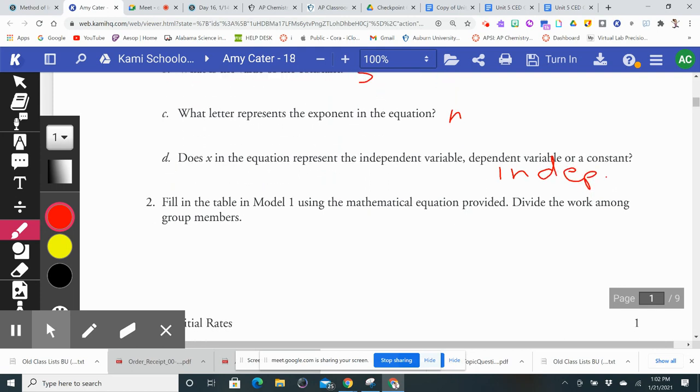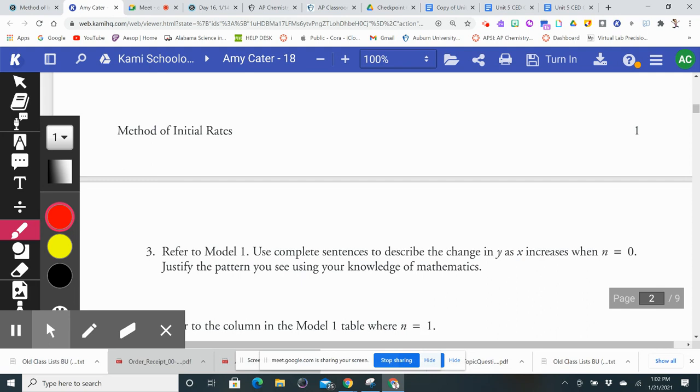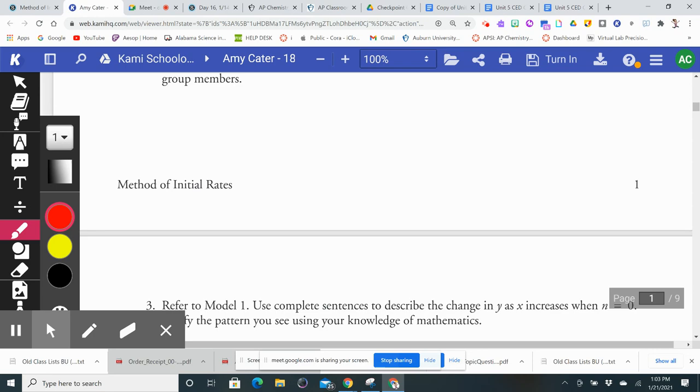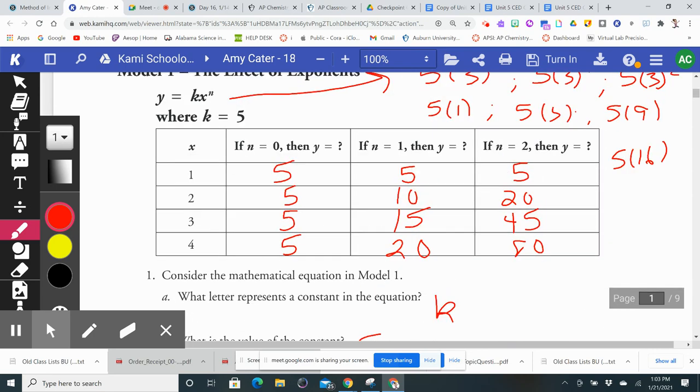So fill in the table. We already did that. Refer to Model 1. Use complete sentences to describe the change in y as x increases when n equals 0. So that's looking at this first column right here. What happens to y when n equals 0?